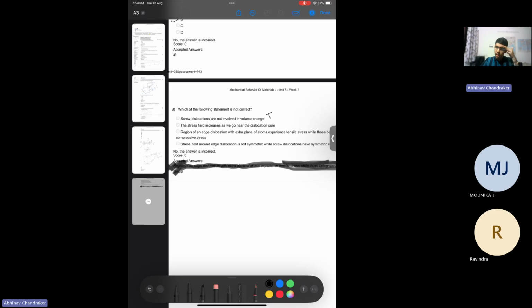Because of that, there are certain stresses occurring around it. So it will increase, and we also know that sir has already derived the value of the stresses as you go away from the center.